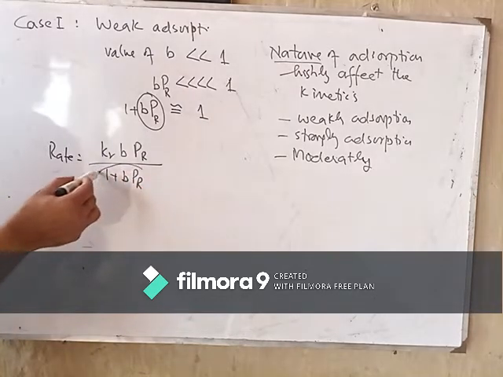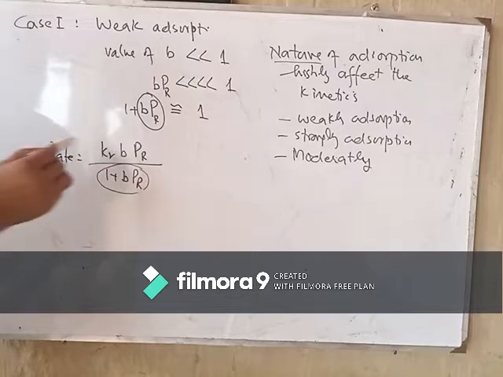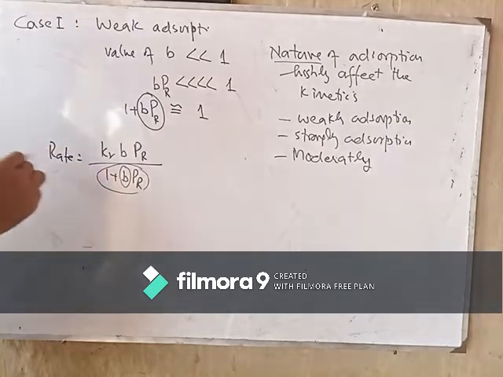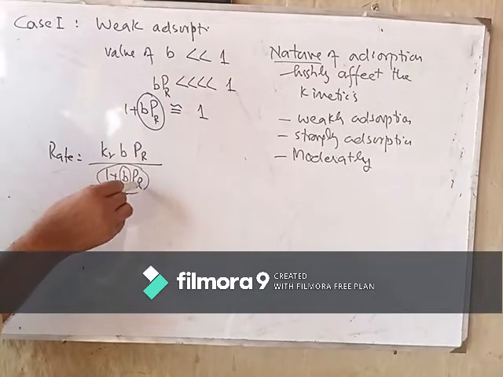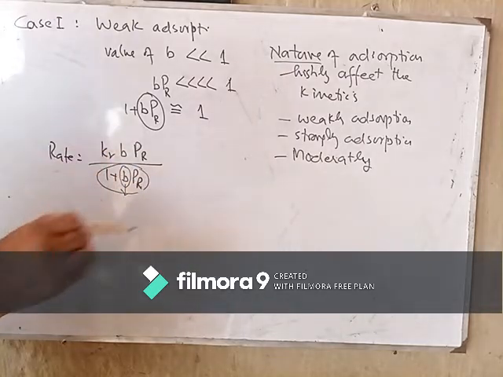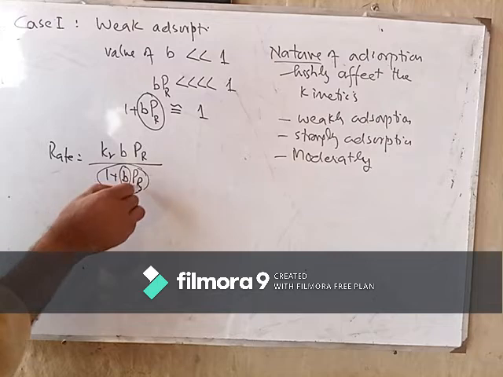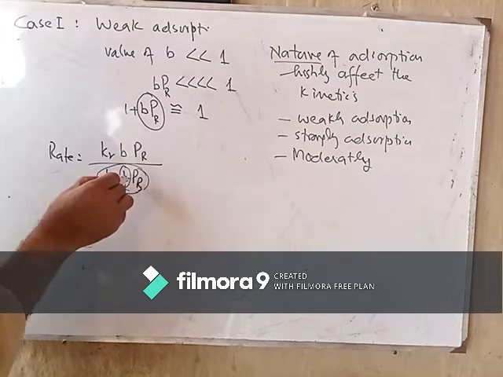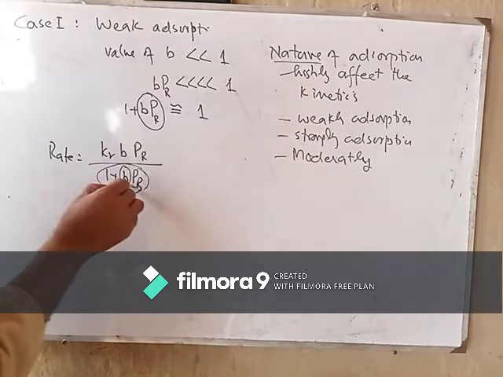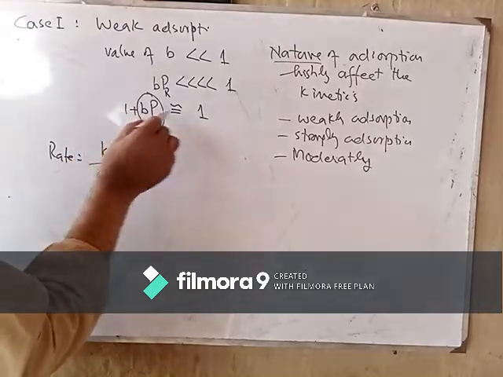So denominator में हमारे पास दो terms हैं. This B is very small. So when a small value is multiplied with another, it becomes further smaller. So therefore this term is very small as compared to 1, so it is ignored. This term is ignored, then it becomes 1.